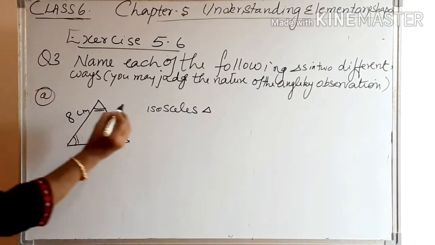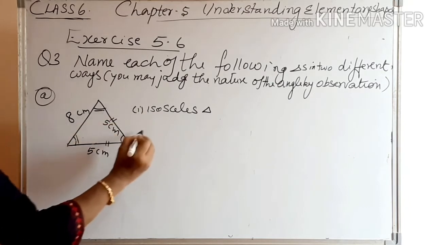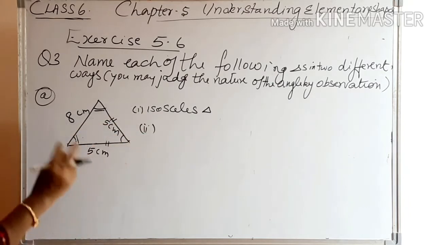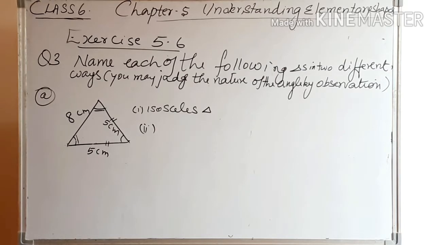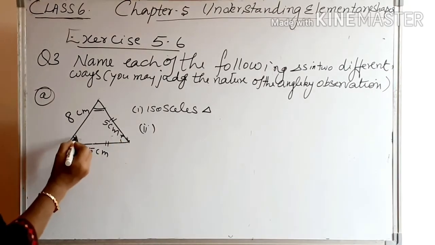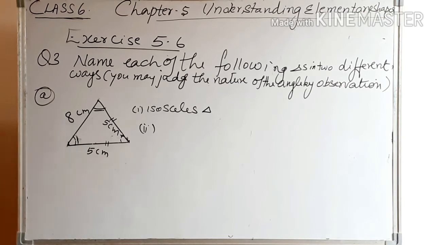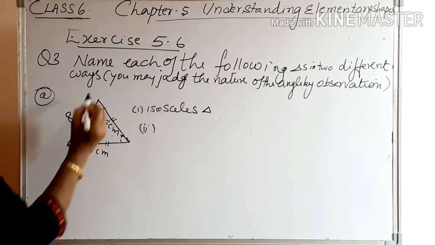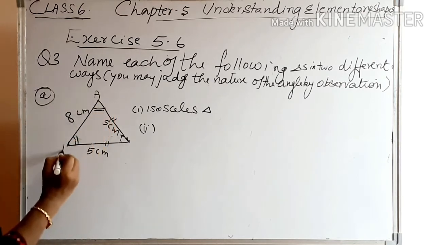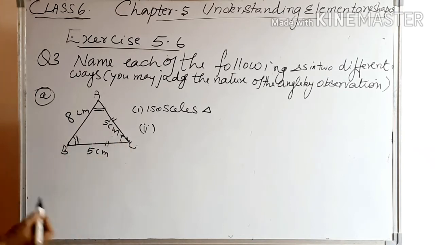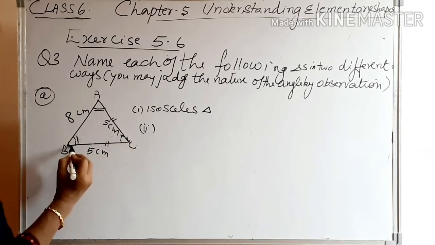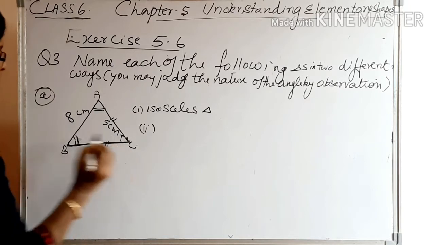That means the first one isosceles triangle, second one according to the angles. We have to find out the angle measurement by observation. That means I am going to name this triangle ABC. Consider this BC. This is a baseline.